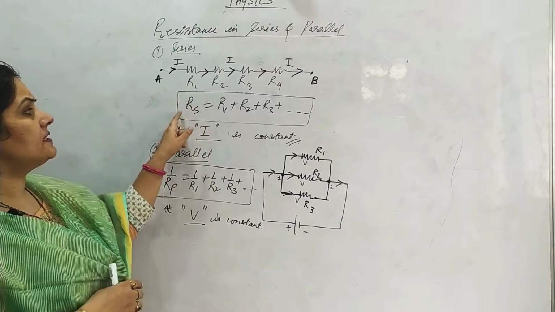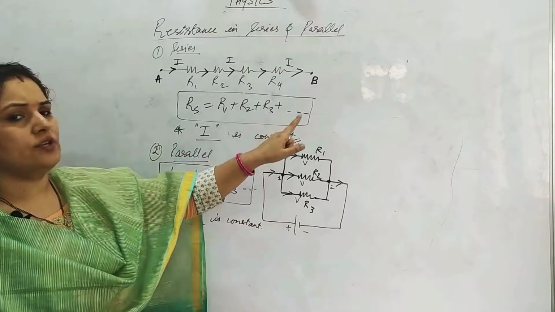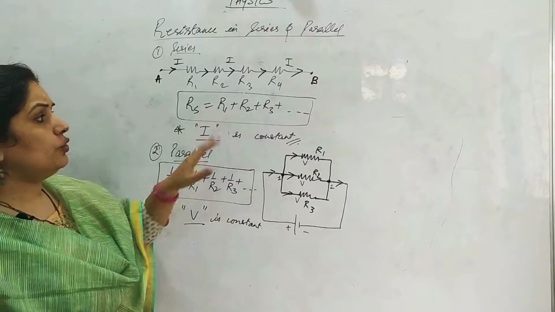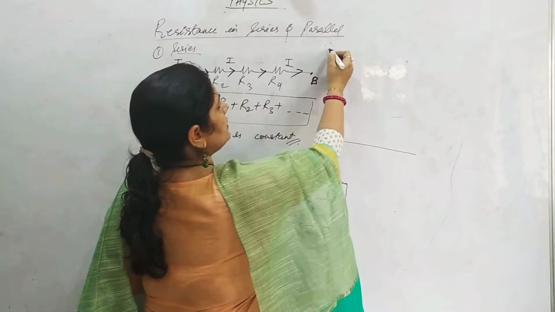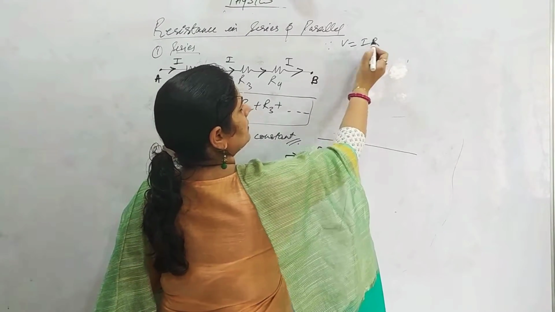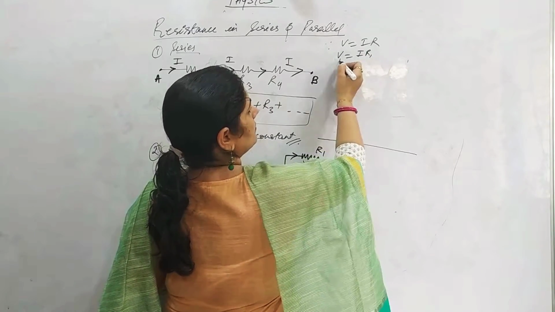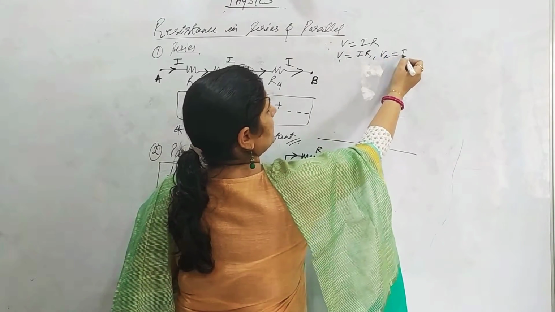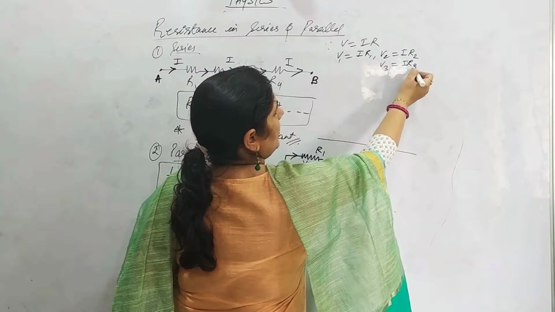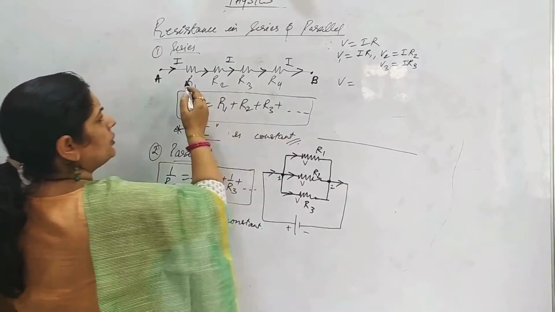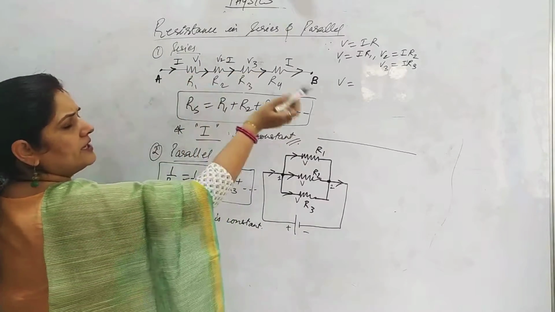So resistance in series is R1 plus R2 plus R3 and so on. Right? Why do we do it like this? Since we know V is equal to IR, V1 can be written as IR1 for the first, V2 can be written as IR2, V3 can be written as IR3 and so on. And what will be the total potential? Potential for this plus potential for second, plus potential for third and so on.